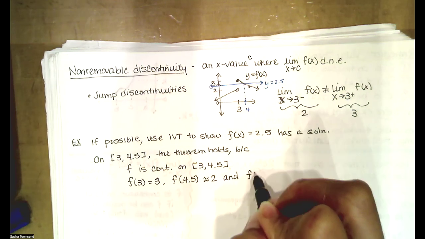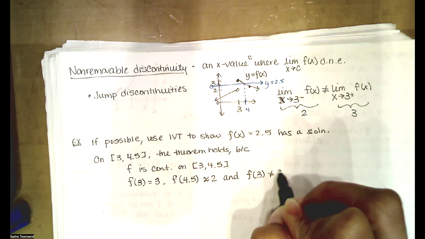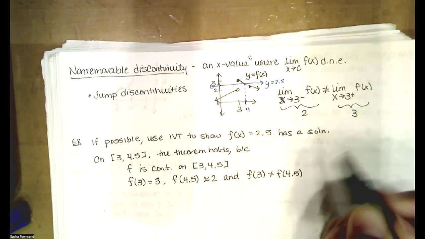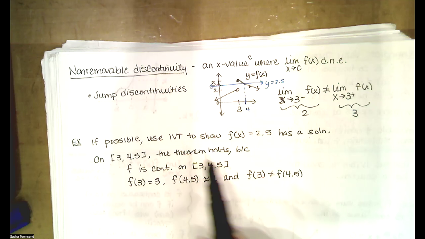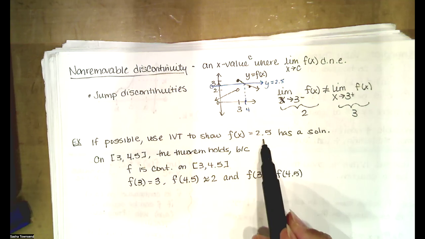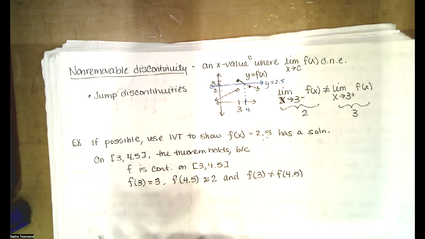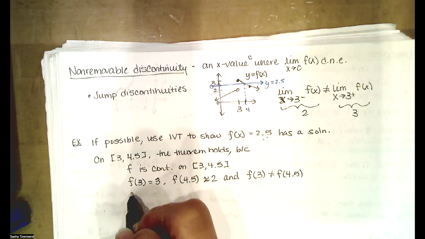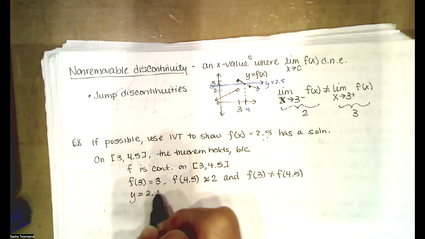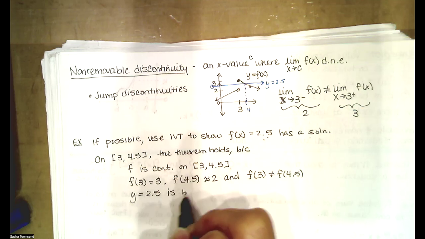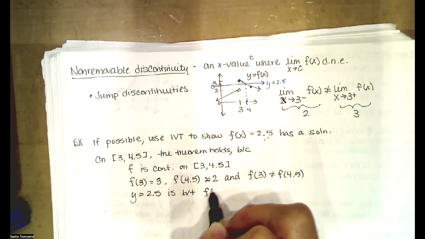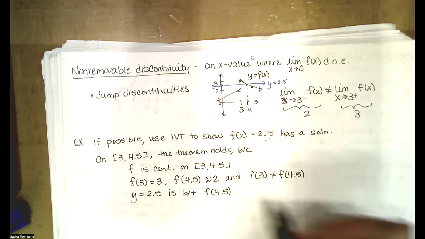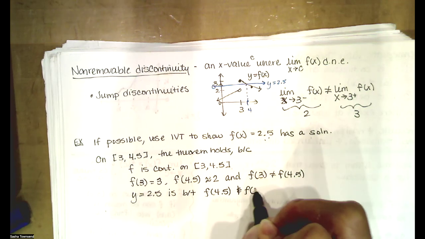And those two values are not the same. And then we needed y equals 2.5 to be in between those. And I'm using 2.5 because that was what was given in the problem statement. f of 4.5 is approximately 2, and f of 3 is 3.